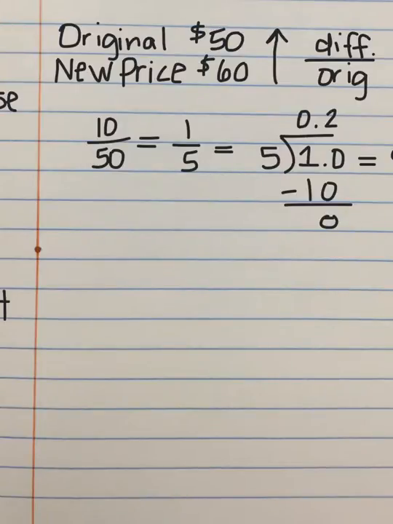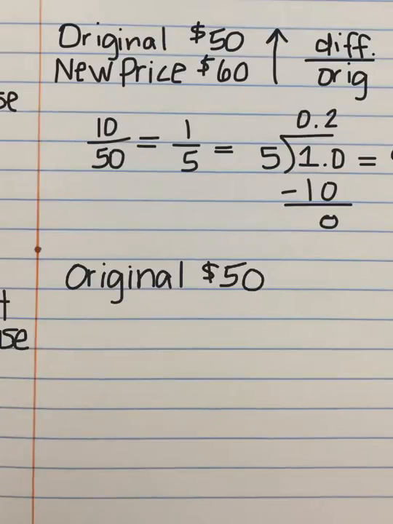Okay, so let's say we went to the store and we saw something we wanted and the original price is $50. And we went back a couple days later and they have a new price for that same item. And this time it is $30.